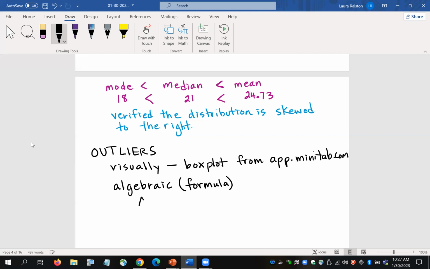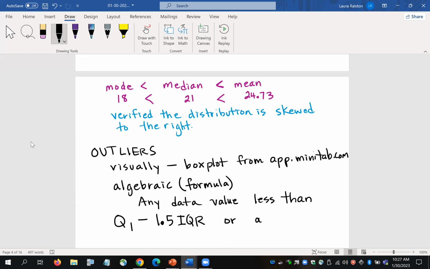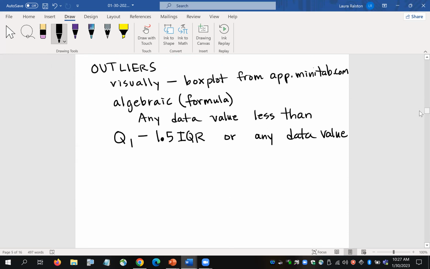The formula says any data value less than Q1 minus 1.5 times the interquartile range, or any data value greater than Q3 plus 1.5 times the IQR.